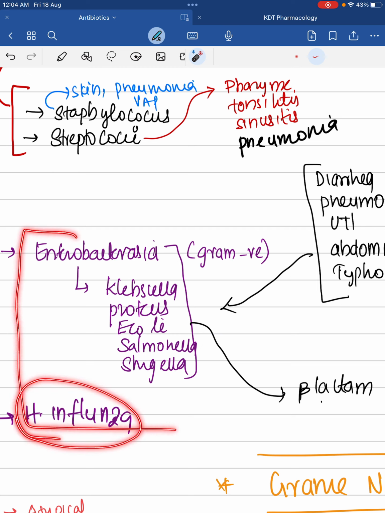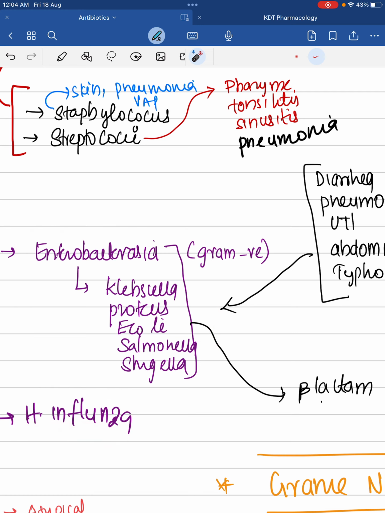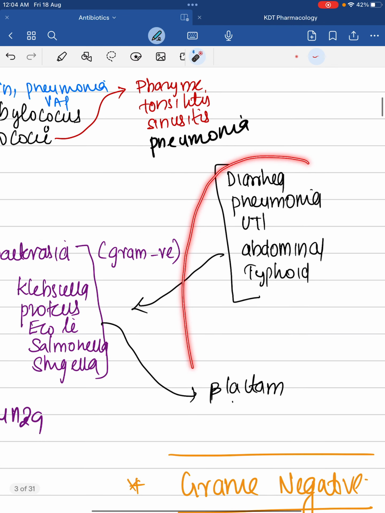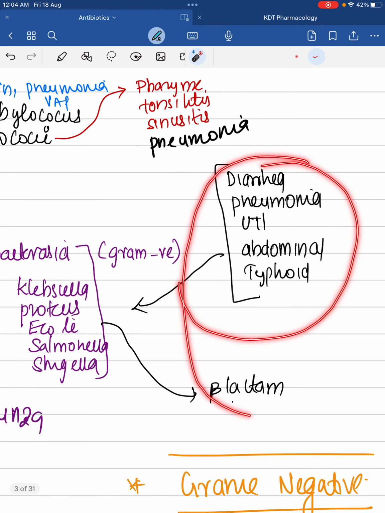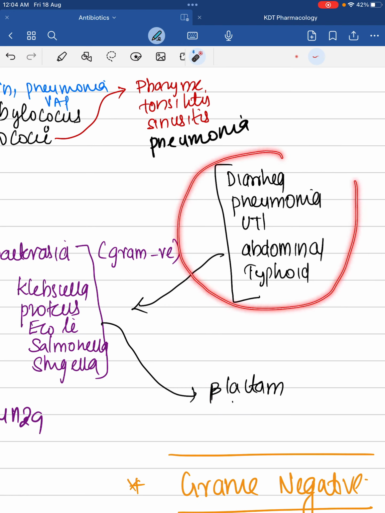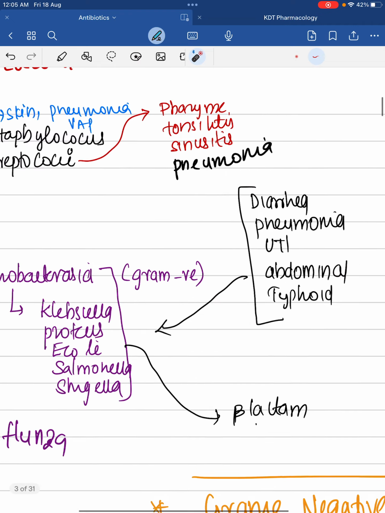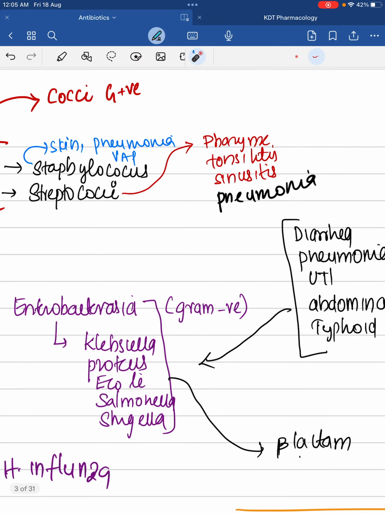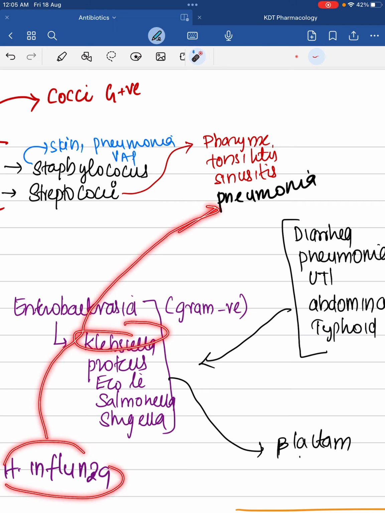These are all gram negative organisms, and they contribute to the majority of infections in our pediatric age group, like diarrhea, pneumonia, UTI, other abdominal infections, typhoid, as well as pneumonias. Klebsiella and Haemophilus influenzae are contributing to pneumonias.